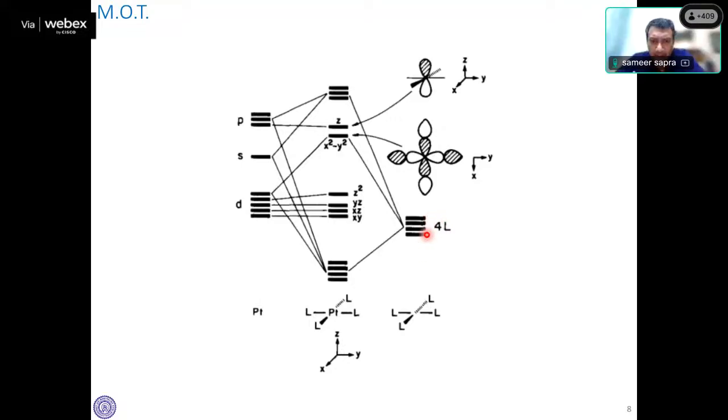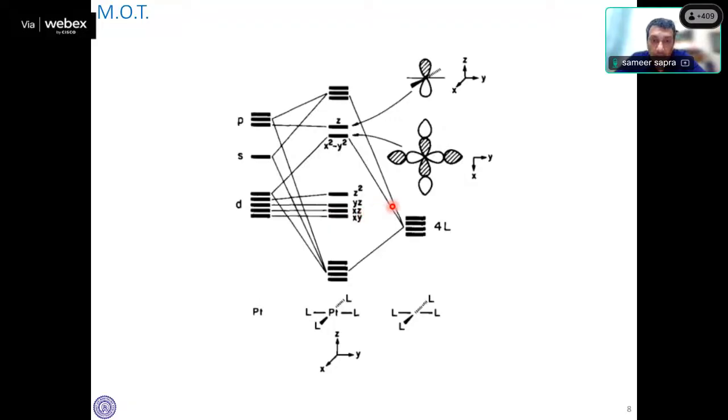We are not really interested in that. They are slightly lower in energy. They are more electronegative ligands, so they have to be lower in energy. And they interact with all of them, and they form the molecular orbitals. So right now I'm just talking of one PtL4, and this is dominated by the ligands.